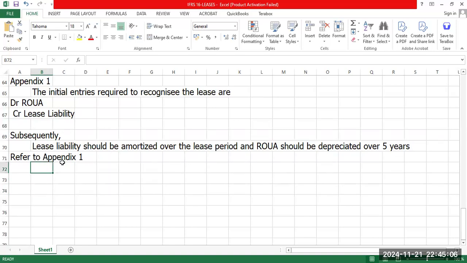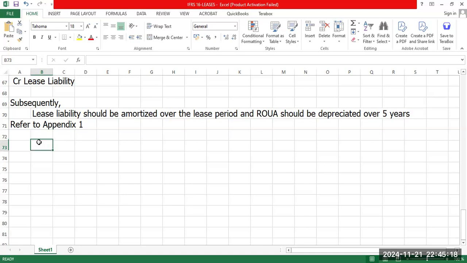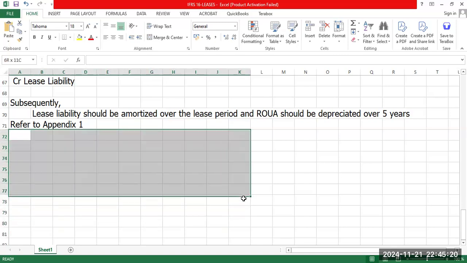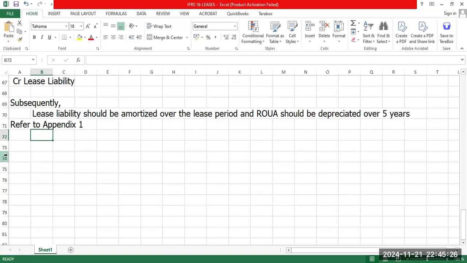The space you're leaving here is for how you are going to recognize this in the financial statement.